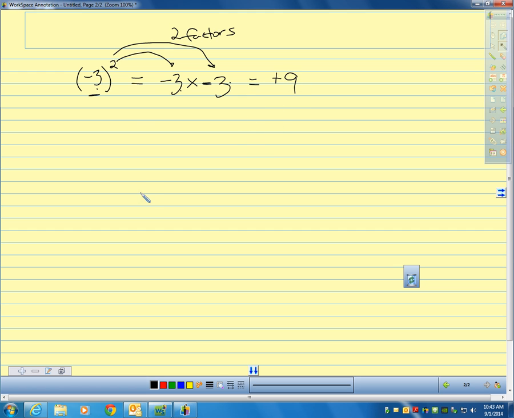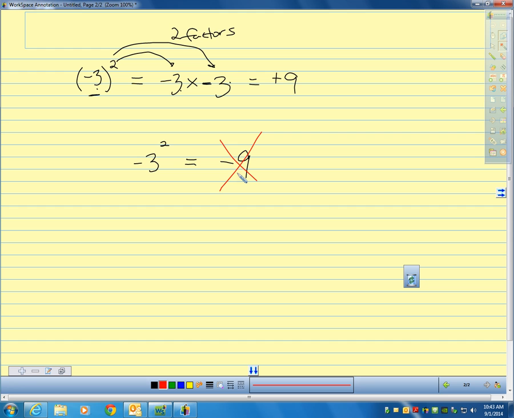Okay, now go ahead and type it in your calculator. Go ahead and type in negative 3 to the second power. I'm going to pause the video as you do that. All right, you're probably getting negative 9, and you're finding out, wait a minute, something's screwed up. I'm supposed to be getting positive 9. I'm getting the wrong answer.